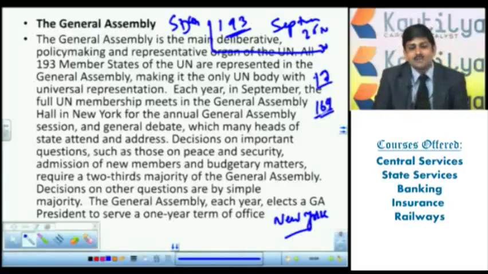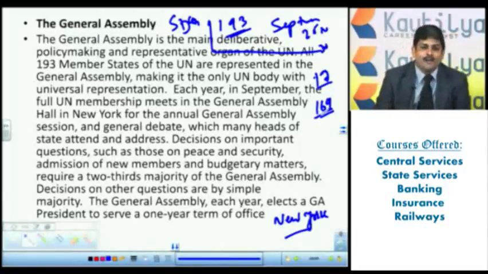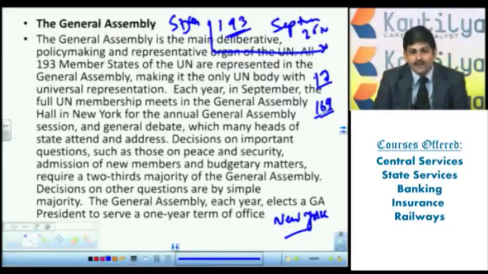So it is the responsibility of every country to implement or achieve all the specified goals in the Sustainable Development Goals. Very important from the examination point of view. Actually, in the year 2000 all the United Nations members had agreed on Millennium Development Goals. The Millennium Development Goals were implemented from 2002 to 2015.